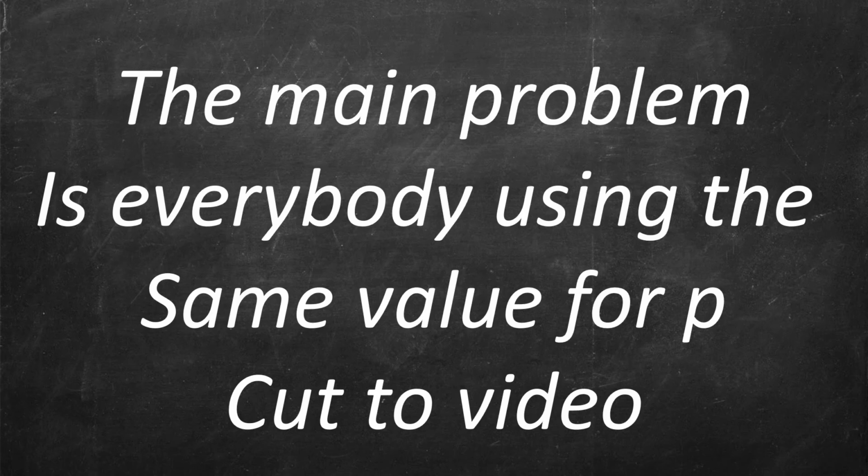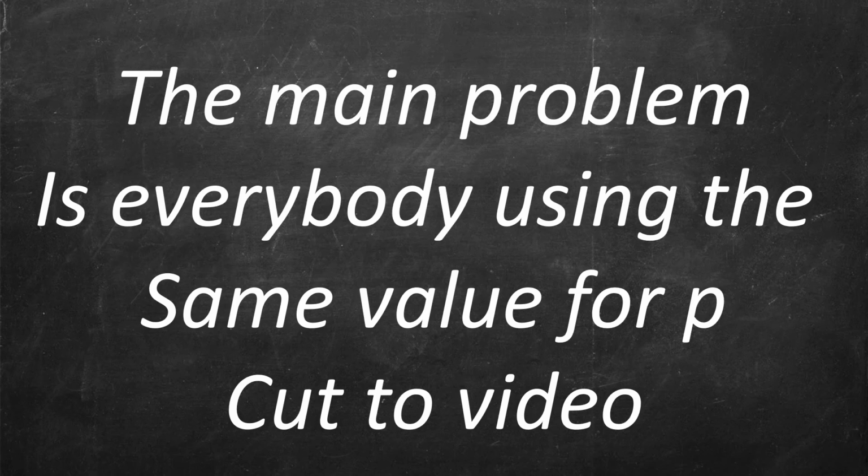So the main problem is everybody's using the same value for P. And why is that? Because developers are lazy. So what happened was, the correct way to write your app would be, hey, I want to encrypt some data over the internet.